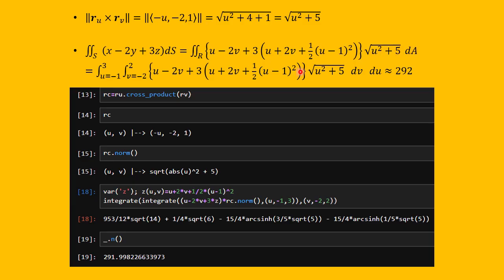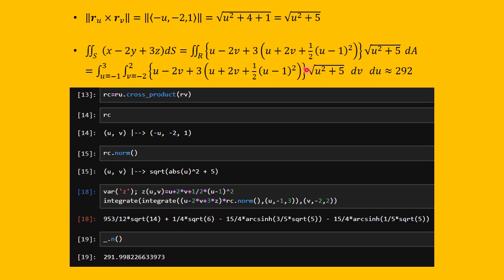And so now we'll change this to an iterated integral. The integral where u goes from minus 1 to 3, of the integral where v goes from minus 2 to 2, all this stuff that we saw up here before, and then we'll integrate with respect to v on that inside integral, and we'll integrate with respect to u on that outside integral.